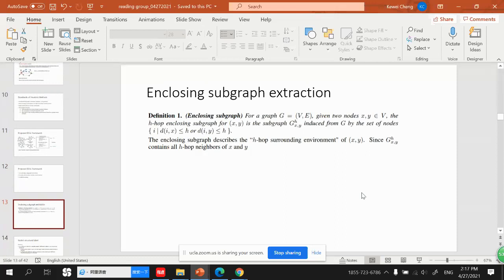Basically, the user will specify how large h is, and based on the value of h, we extract the h-hop surrounding environment of node X as well as node Y.